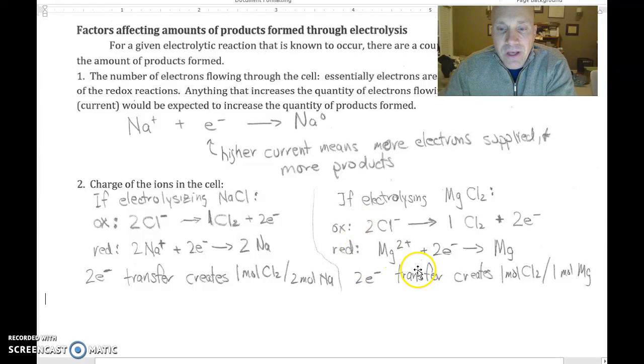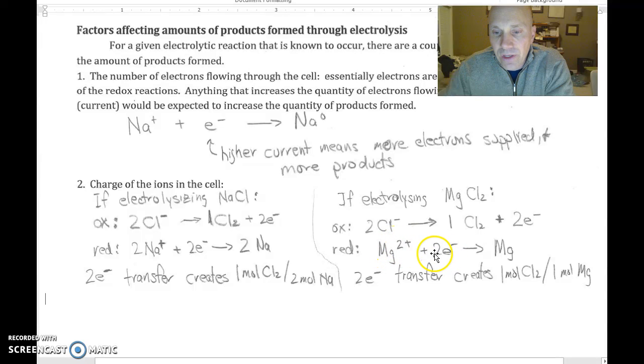But by contrast, notice here that everything about these two things is the same except for this reduction reaction. Here, what was needed to react with the 2 electrons was 2 sodium ions. But since this is melted magnesium chloride, the magnesium ion is going to have a +2 charge.